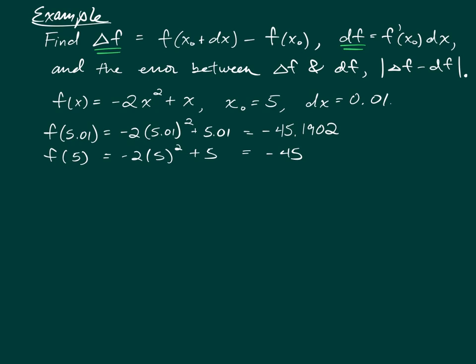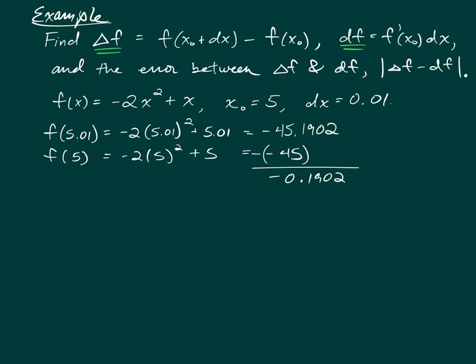So when these two are subtracted, so I'm going to take away a negative 45, I will end up with a negative 0.1902. So this is the actual difference between the function when x is 5 and the function when x is 5.01, something close by. That's the actual difference.